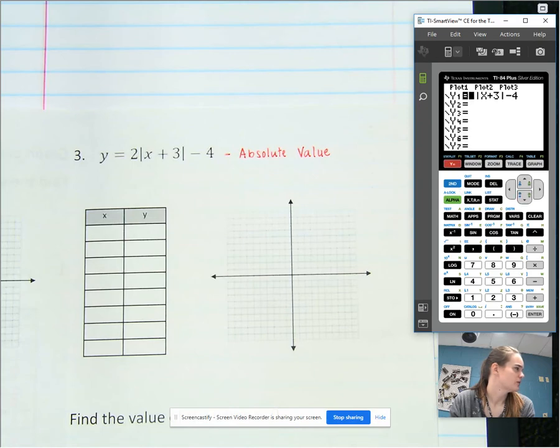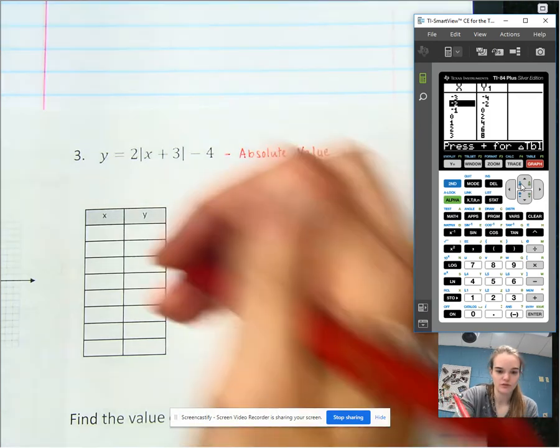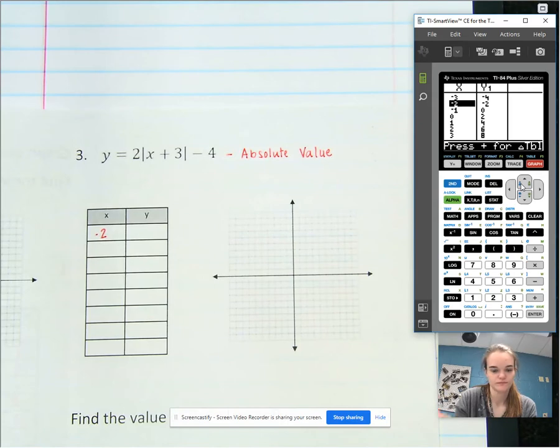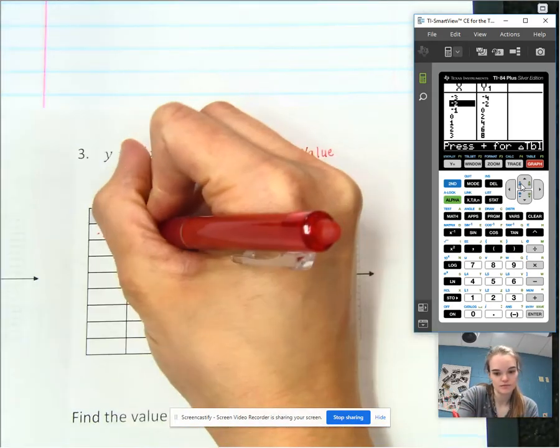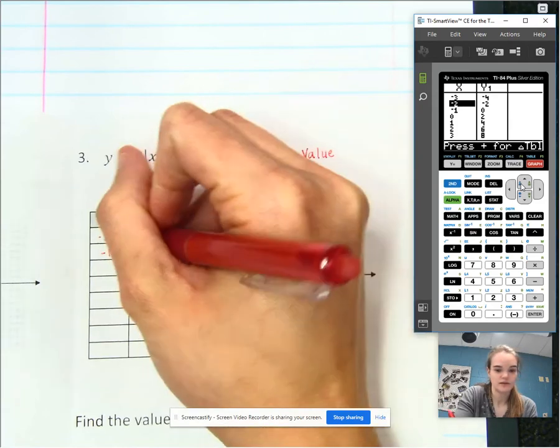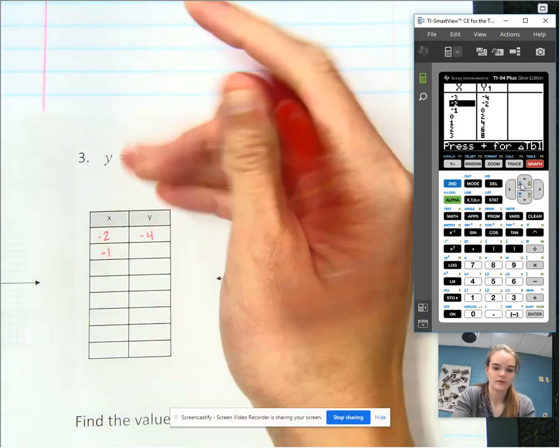We need to go back to y equals. Did I put my stuff in right? 2x plus 3. I did. Okay. Let's just checking. All right. So let's start with negative 2. I get negative 4. And then negative 1. Oh, I wrote down negative 3.